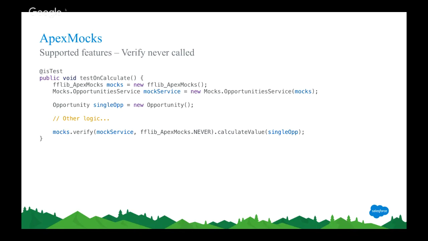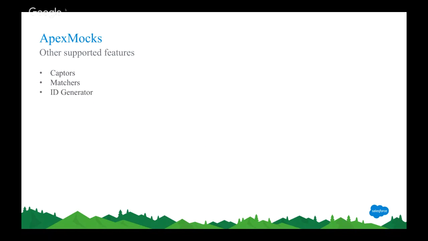Other great supported features that are relatively new, and this is stuff that Dave was working on, are captors. Captors work more around eventing. If you're familiar with how that works, you can read up on some of that. Matchers are basically ways to do generic parameters.